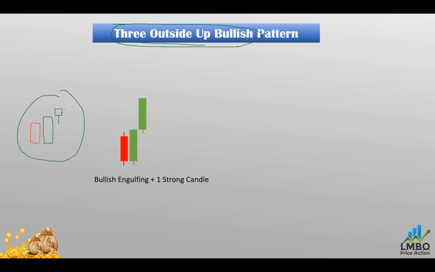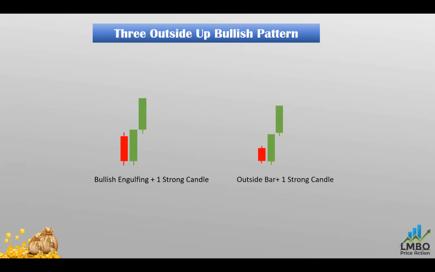Keep in mind, this candle must be equal in size to this green candle. And with the outside bar, one strong candle we can also count as a 3 outside up. In other words, it is called the Morris engulfing. Another name of this pattern is Morris engulfing. Morris is a trader who invented this pattern.